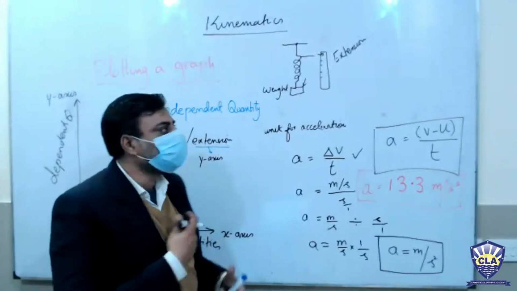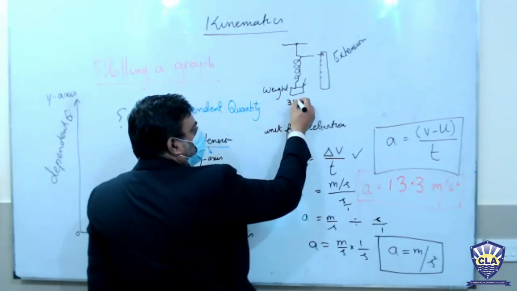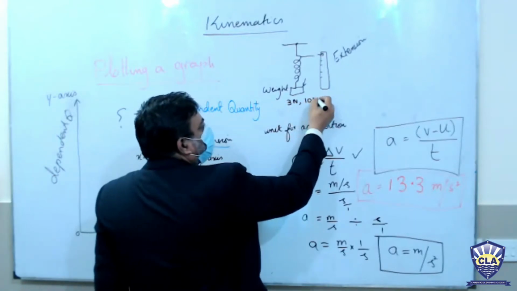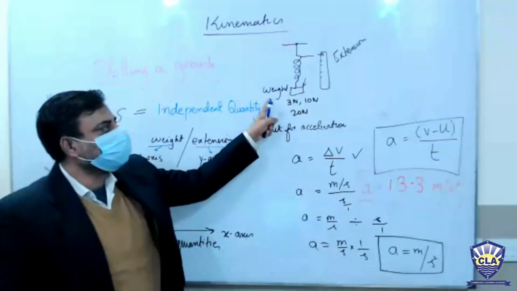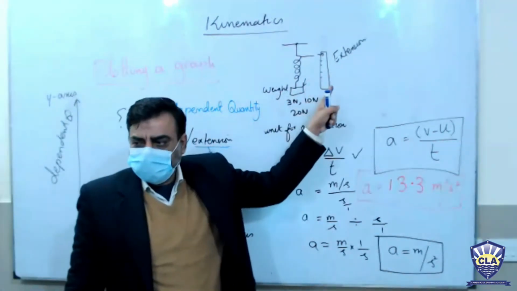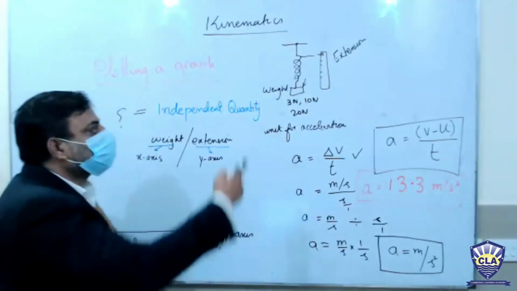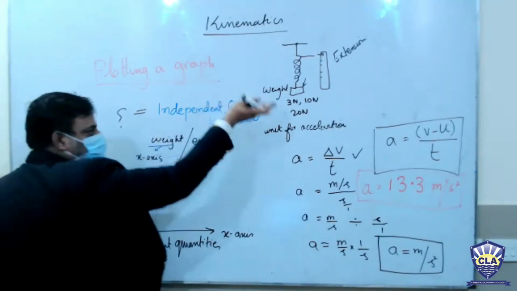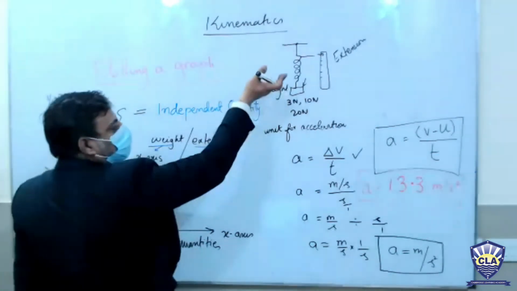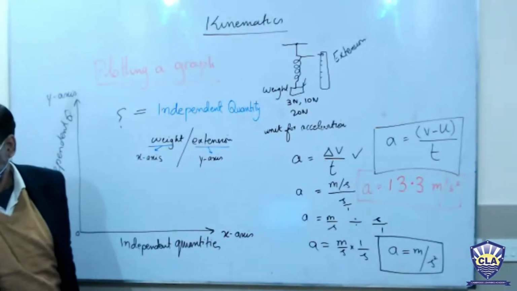It is our will to put 3 newtons or 10 newtons or 20 newtons. We are not controlling extension. Extension is dependent on weight. So the dependent one will come on the y-axis, and weight, which is controlled by us, is the independent quantity that will go on the x-axis.